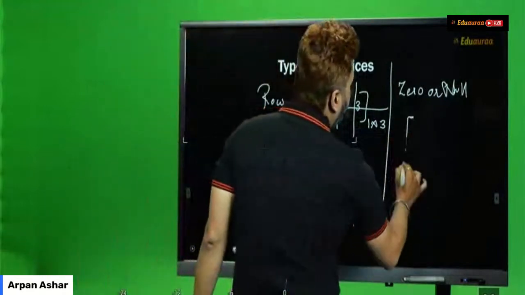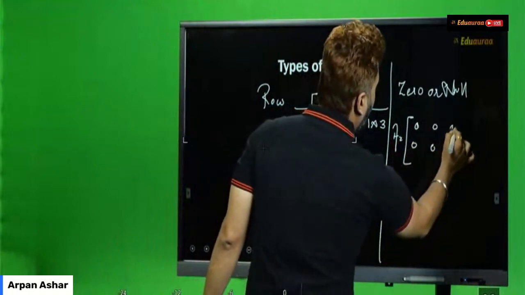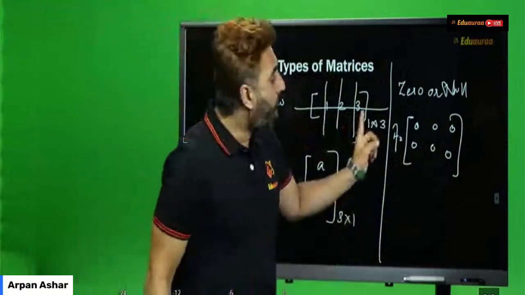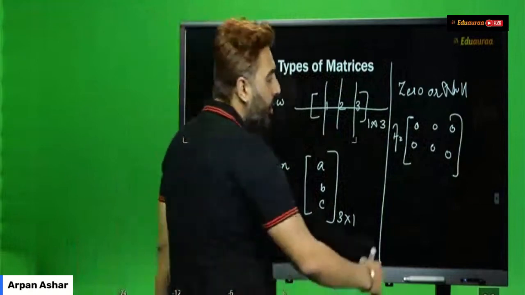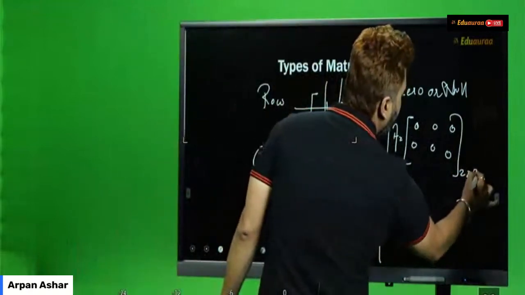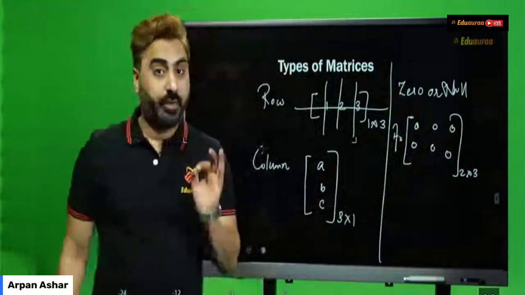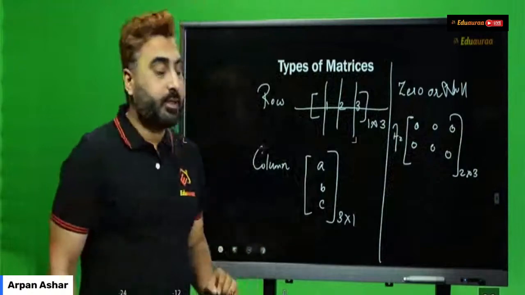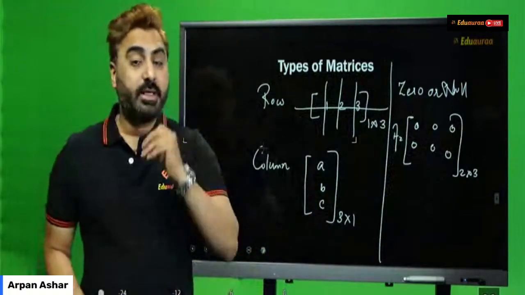Let's say this matrix. How many rows are present? 2. How many columns are present? 3. So the order of this matrix is 2 by 3. And if you see, all elements are 0, that means this matrix is a null matrix. So what is a null matrix? A matrix whose elements are all 0.